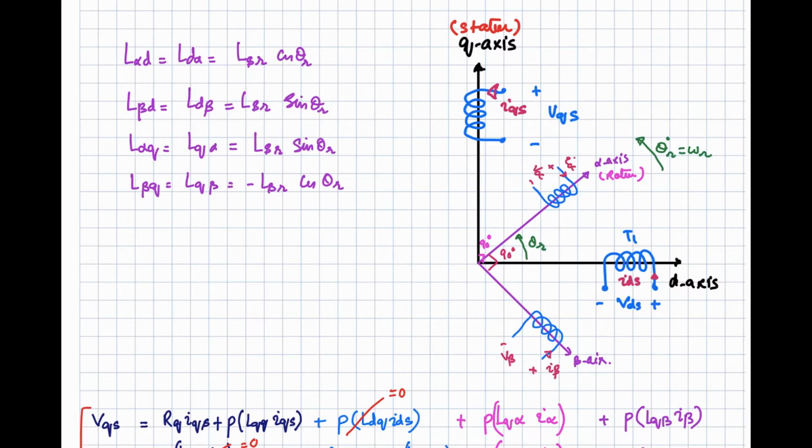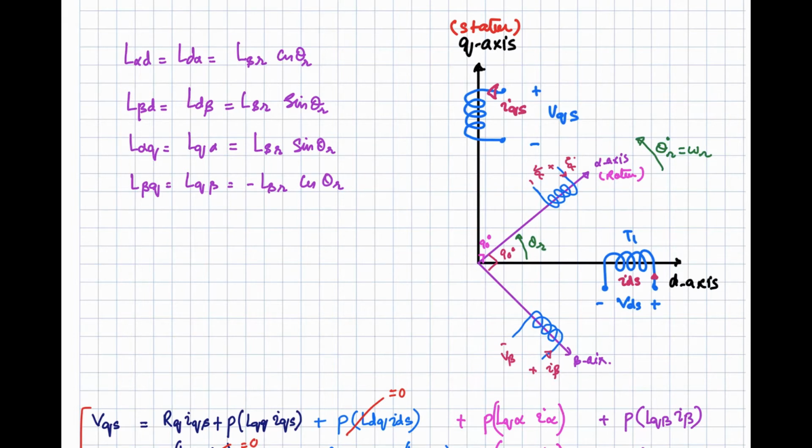So the negative sign is representing the opposite polarity, and when they are along this axis there is the maximum flux linkage because they are along the same axis. So cos of theta r, cos of 180 is going to be -1, right? So that minus sign is over here, or we can say the variation is cosine, but it is opposite with respect to the other winding, the d-axis winding.